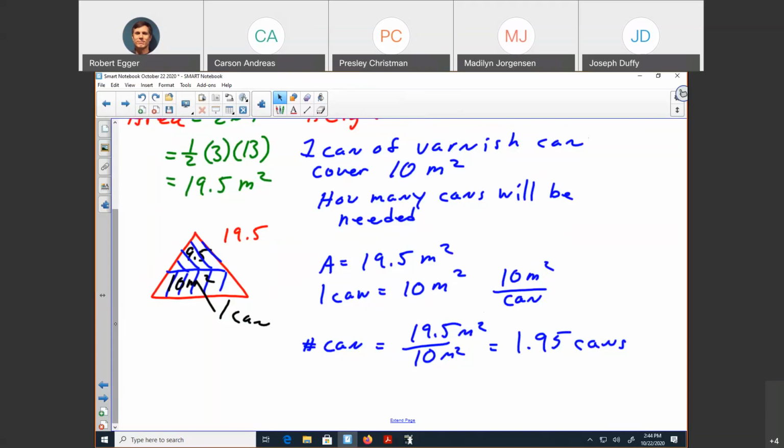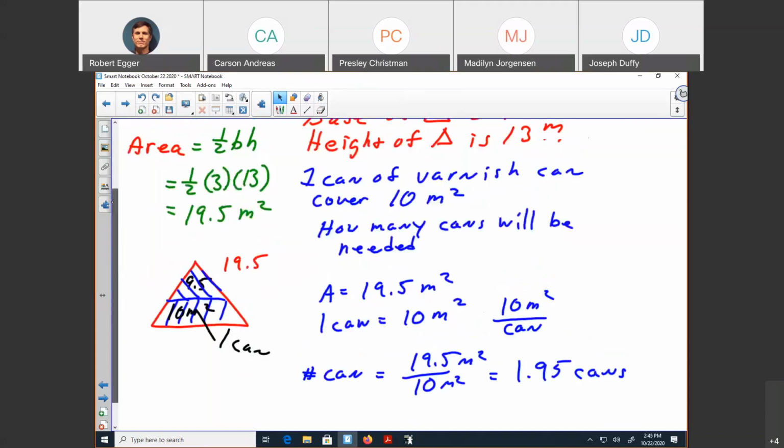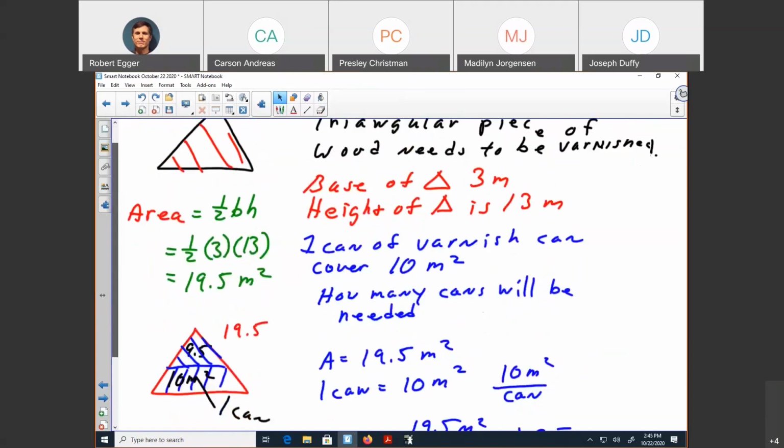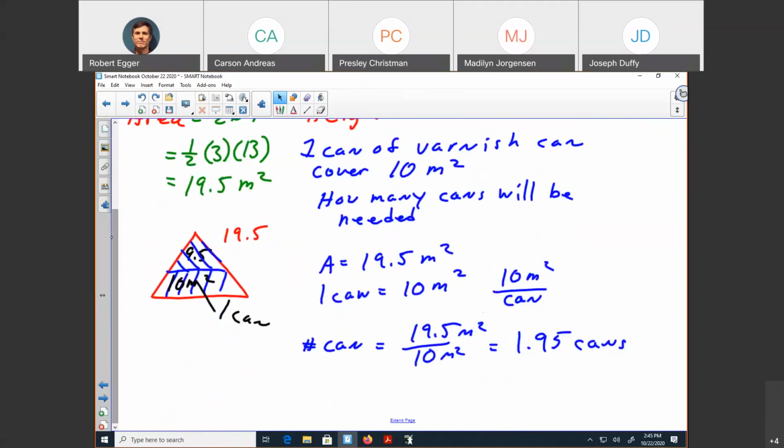They're going to say, tell you what, I'll sell you 2. You can keep the leftovers. So the rub is, the question was, how many cans would be needed? Since you really can't buy fractional cans, buy 2 cans.